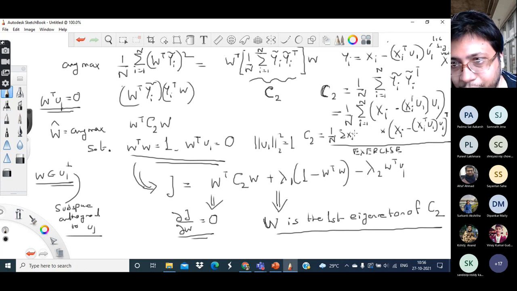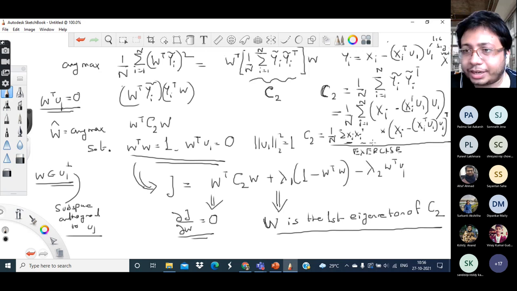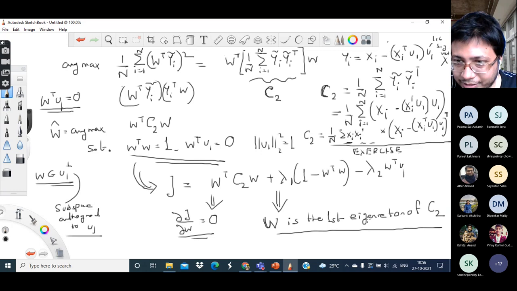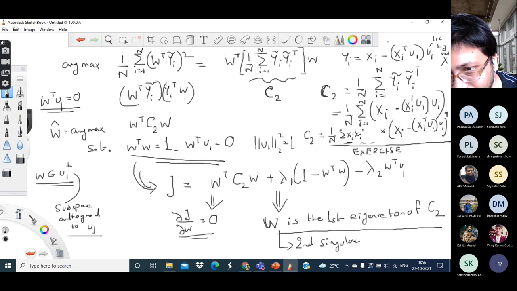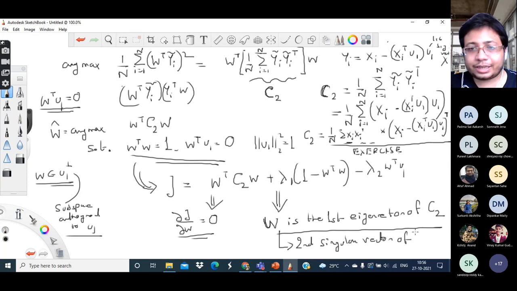This is what we originally had, minus a particular quantity which you will understand after doing this simplification. And then you will understand that the first eigenvector of C2, the way it is defined, is nothing but the second singular vector of x.